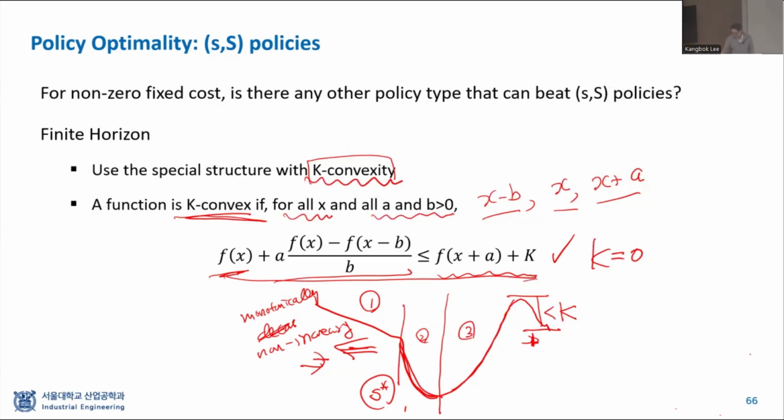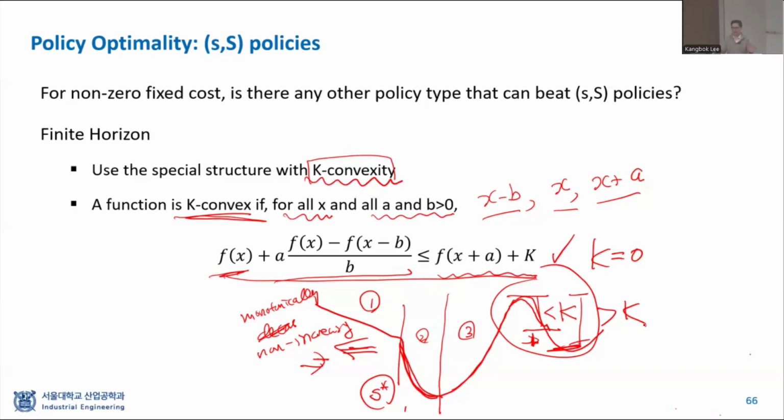Why is it important for the number three part? Even if it's not just increasing, even if it can sometimes decrease, the difference of those two peaks is less than K. If it's less than K, then it's not good to make any order at that time, because you cannot reduce your cost by more than K. In order for me to make any ordering decision, the difference has to be larger than K, because K is the cost that I incur when I make an order.